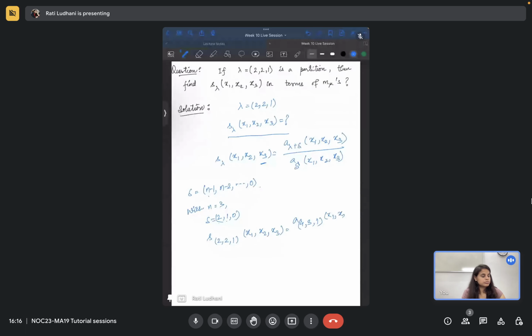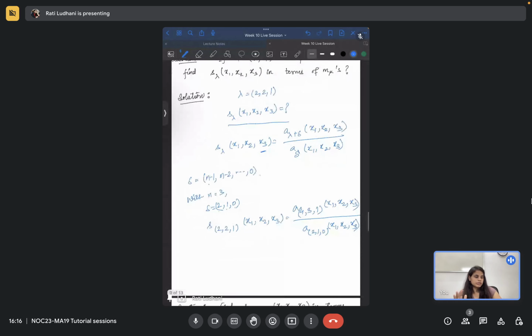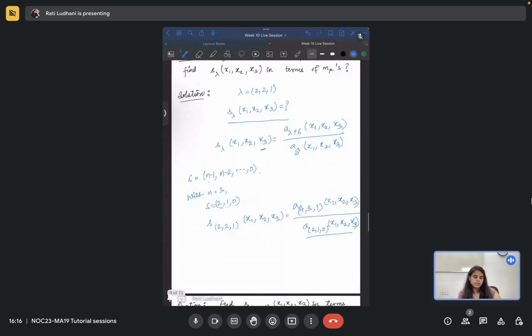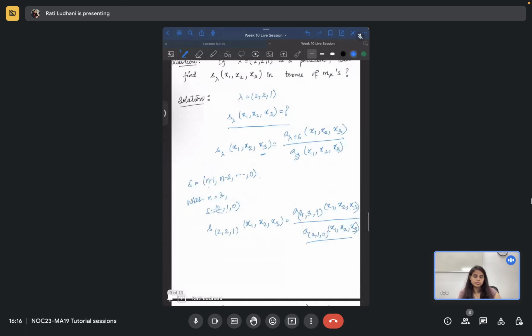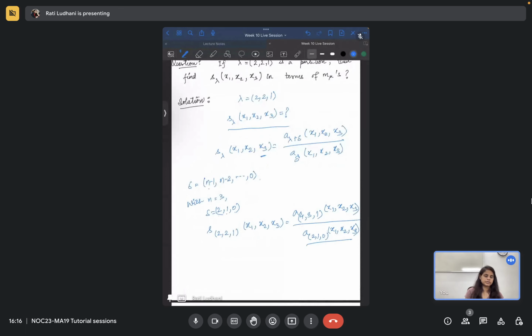This is strictly increasing, and this is the alternant of (2, 1, 0) in x1, x2, x3. As you know, this divides the numerator, that's why it's okay to say this is a polynomial, because this will divide it.